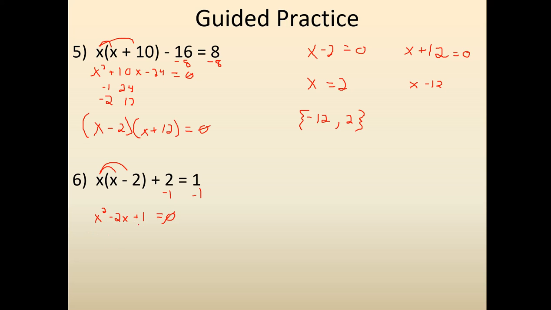So two numbers that multiply to 1 and add to negative 2 will be negative 1 and negative 1. So this is x minus 1, x minus 1. Because these are the same factor, I only have to do this work once. x minus 1 equals 0. And I end up getting x equals 1. So my solution set here would be 1.